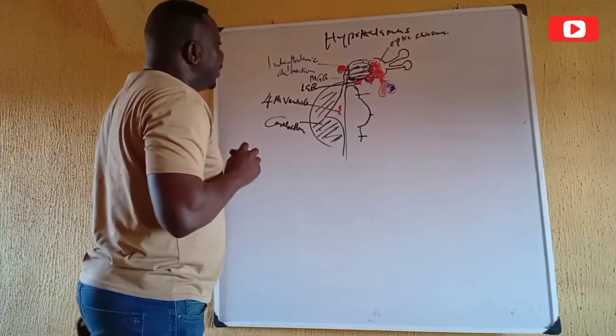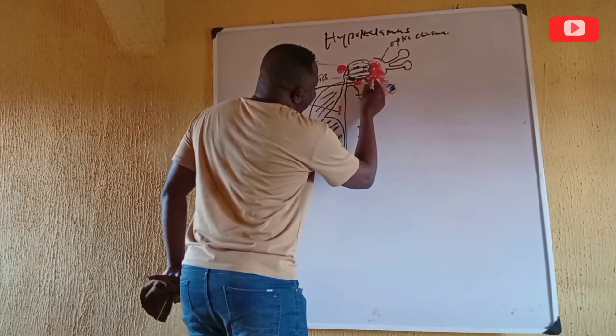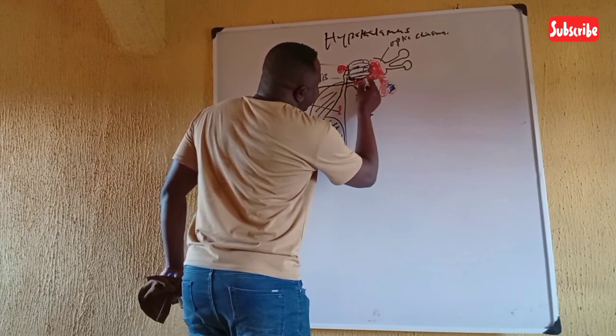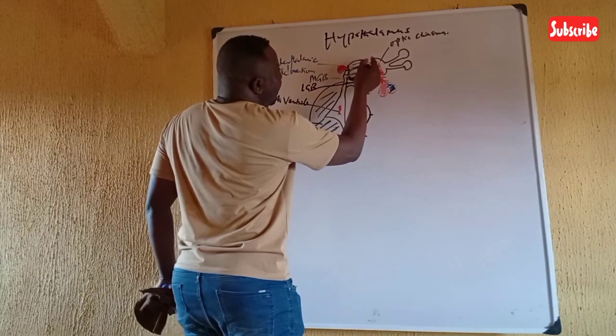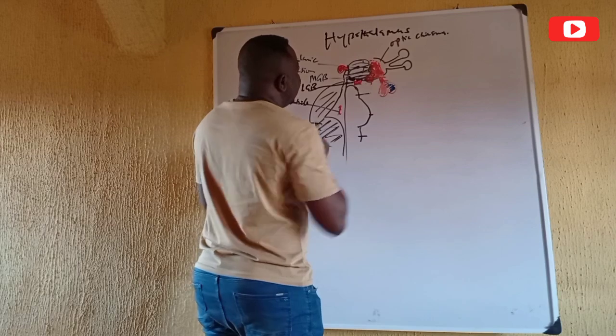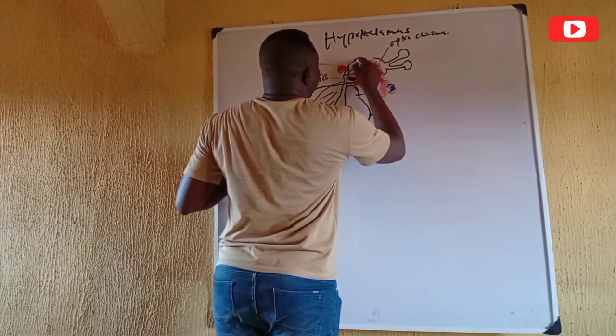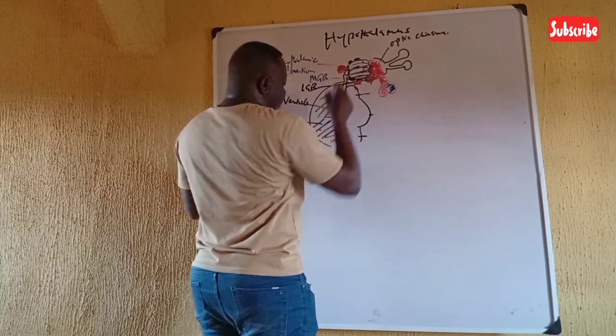The optic chiasma gives rise to the optic tract that moves down to the lateral geniculate body, and the same thing happens here. This is the medial geniculate body, and this is the lateral geniculate body.